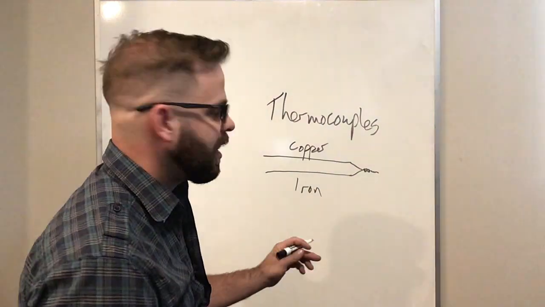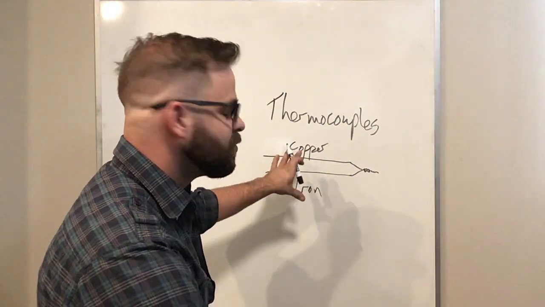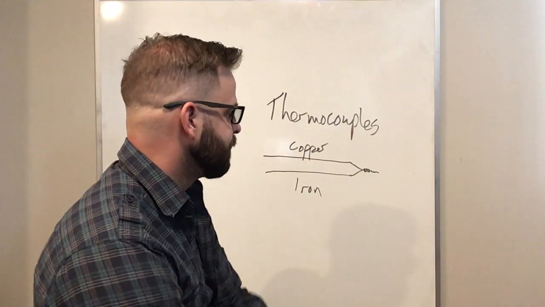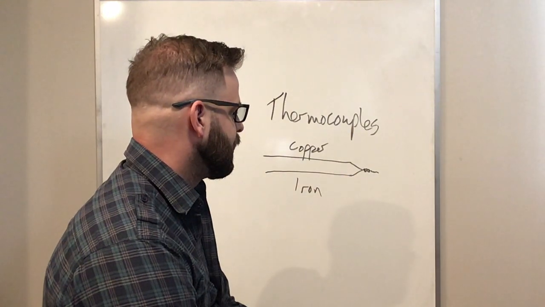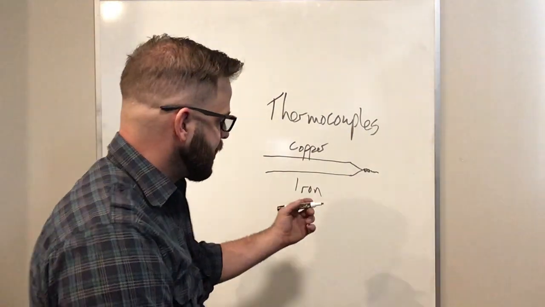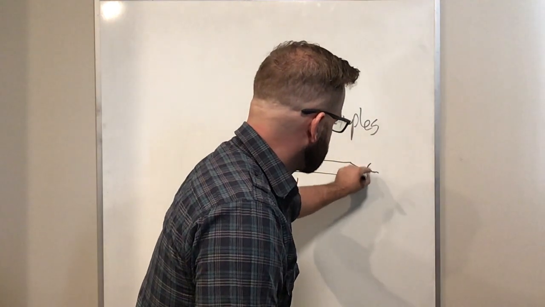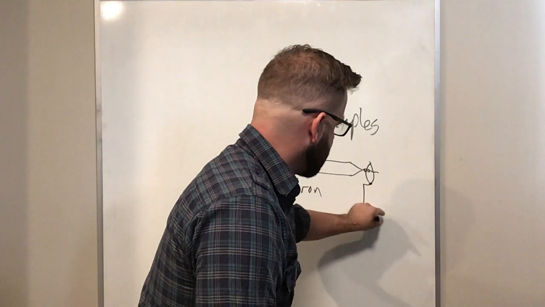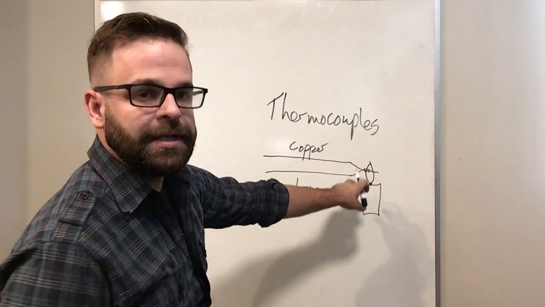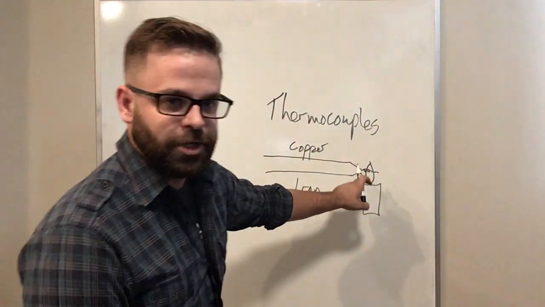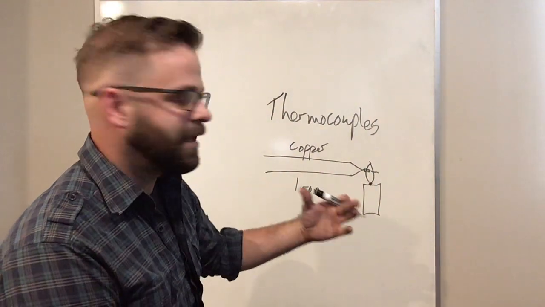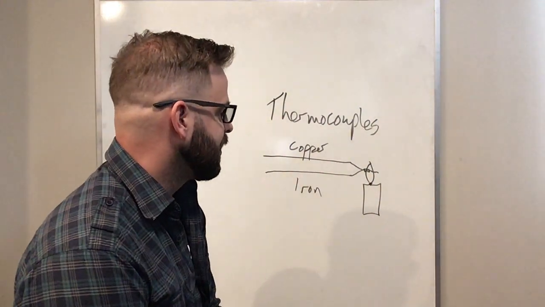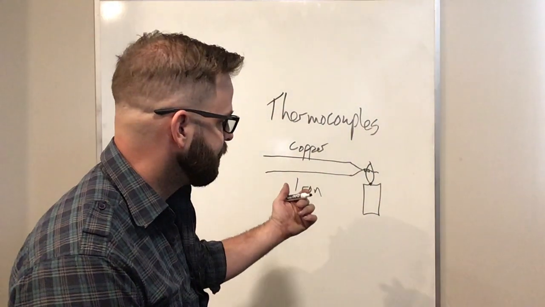And those two metals, when they're twisted together, end up, once a flame, we'll do a little candle, once a flame heats up that hot junction, or the junction that's going to be in the flame, it ends up producing a voltage.